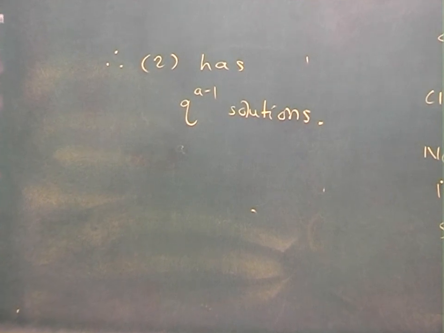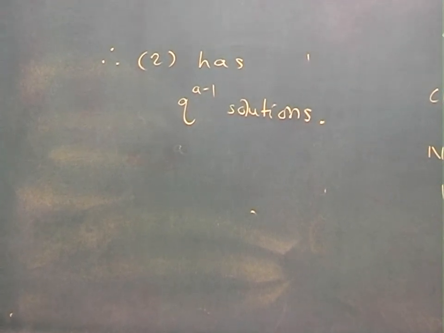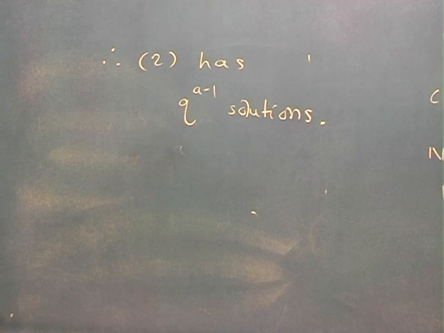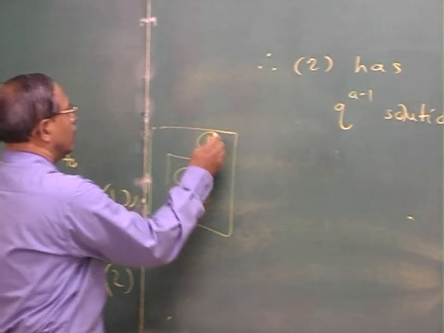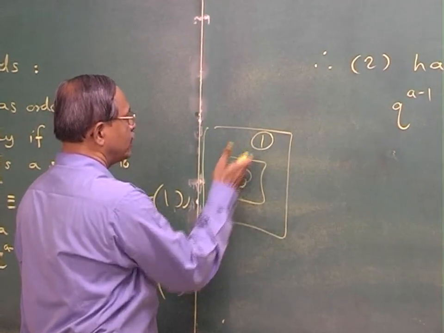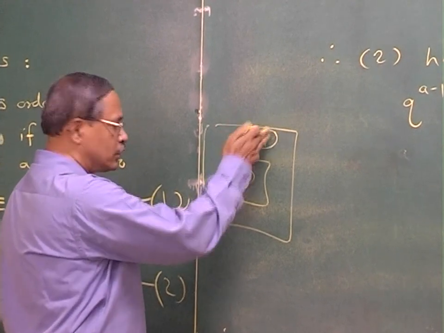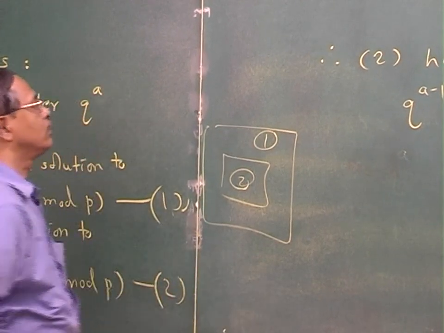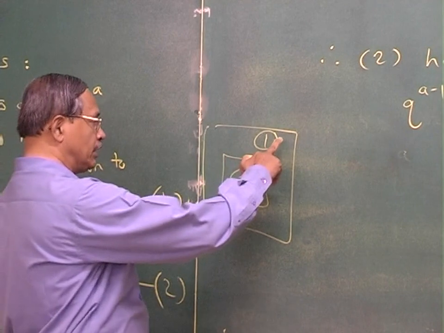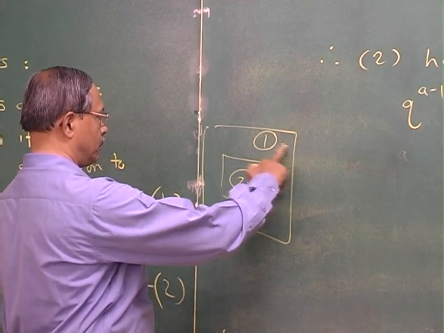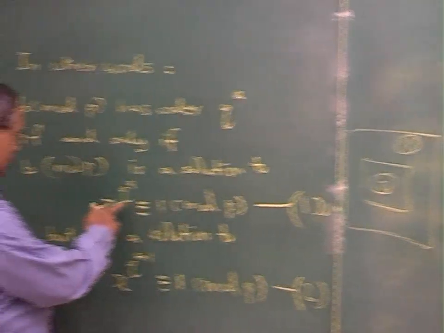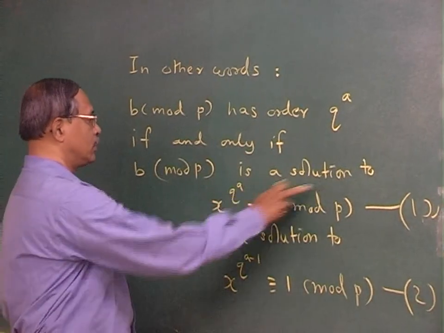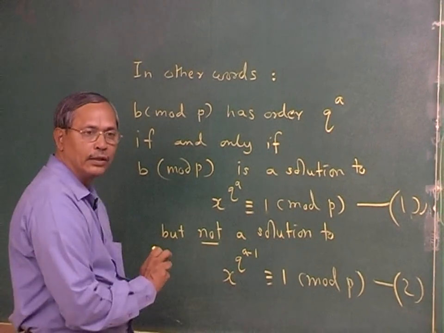Now we want solutions of 1 which are not solutions of 2. But see that all solutions of 2 are solutions of 1, so solutions of 2 are a subset of this. So elements which satisfy 1 but do not satisfy 2, such residue classes we want. B is a solution to the first but not a solution to the second.